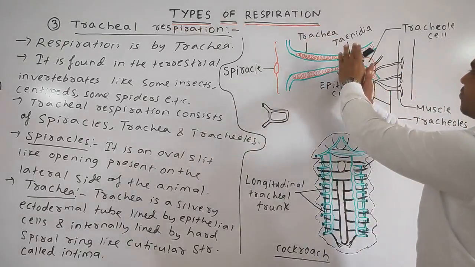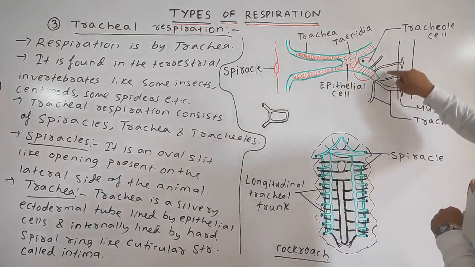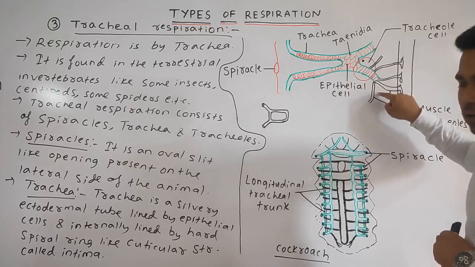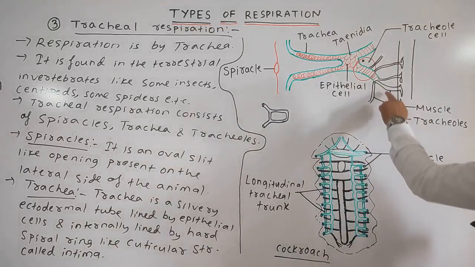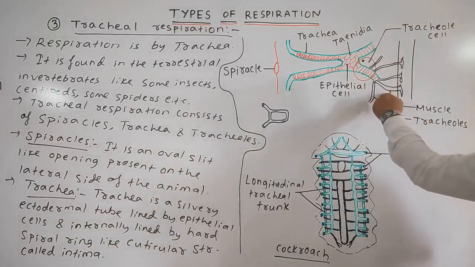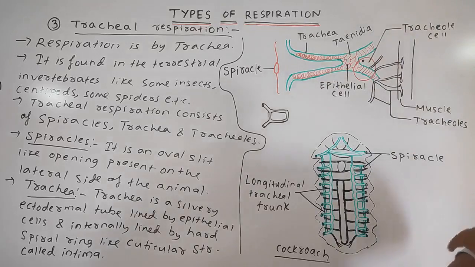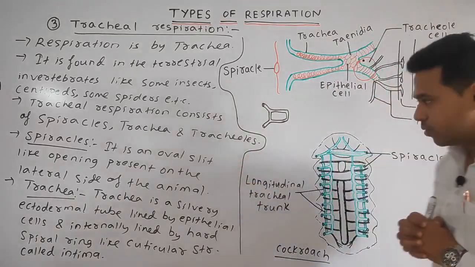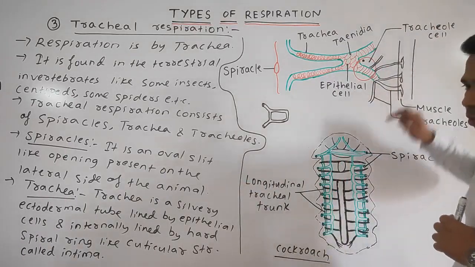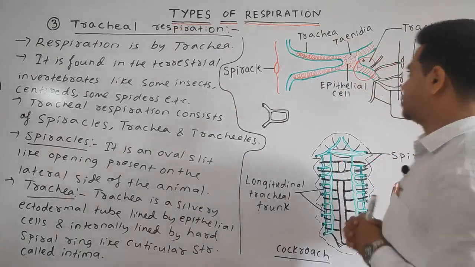From the trachea, it is divided into various other fine branches. Those are called your tracheoles. The tracheoles are submerged into the muscle, or the tissue, so that gases can be easily distributed. Here the various body fluids help in the gaseous exchange.